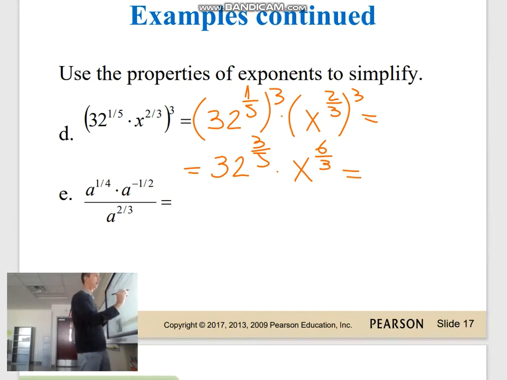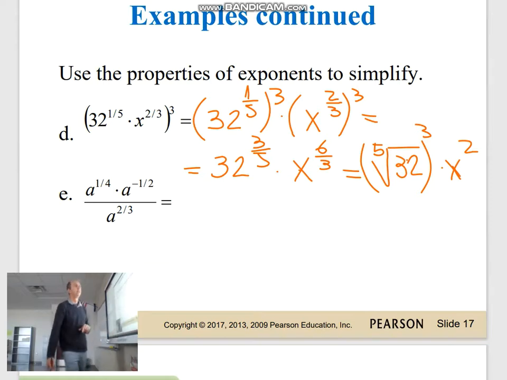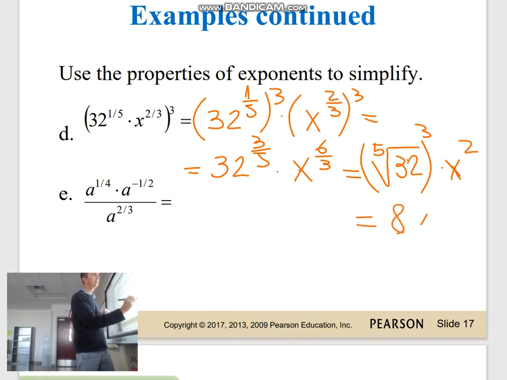Well, 32 exponent 3 over 5, remember, is the fifth root of 32, cubed. So that is 32 exponent 1 over 5 to the 3, and x exponent 6 over 3 is 2, so times x squared. We can find the fifth root of 32 is going to be equal to 2. 2 exponent 3, or 2 cubed, is 8x squared.